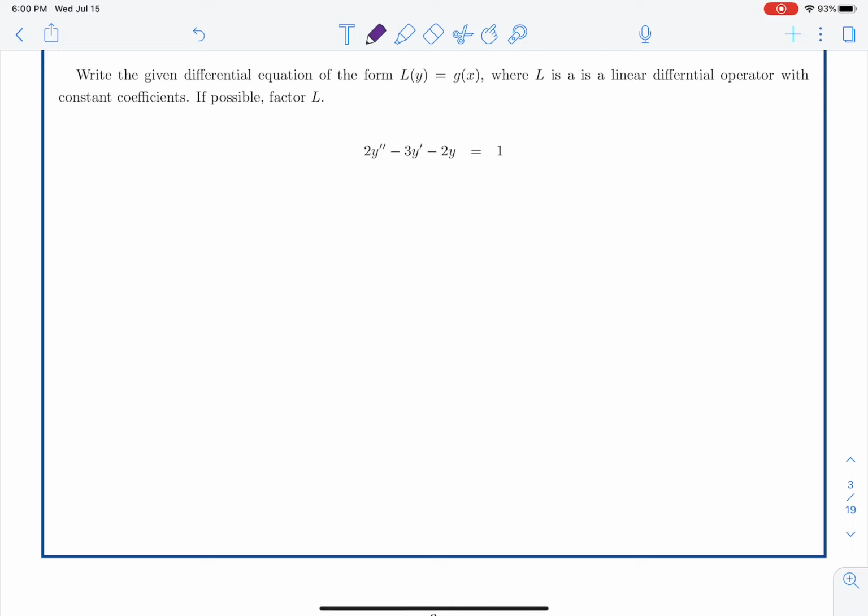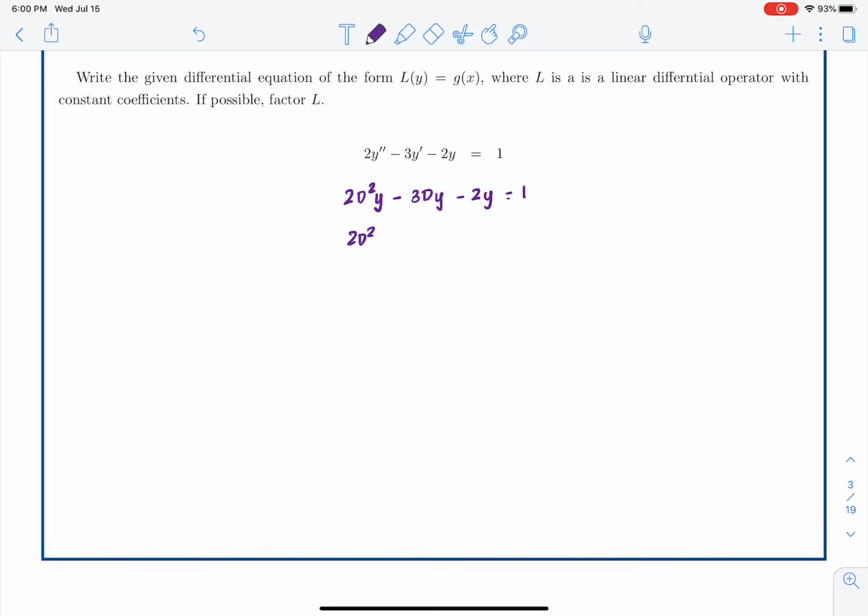So y double prime is simply D squared, y prime is Dy, so 2D squared y minus 3Dy minus 2y equals 1. So I could pull y out: 2D squared minus 3D minus 2 times y equals 1.